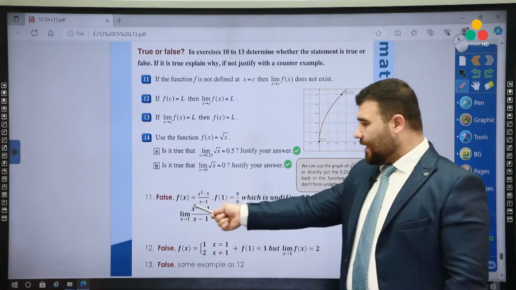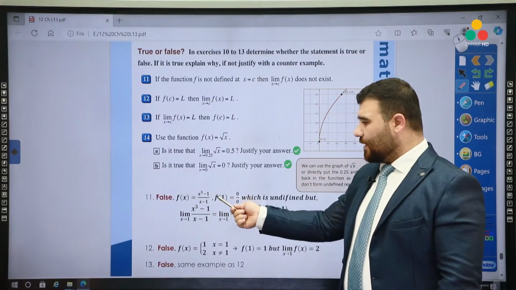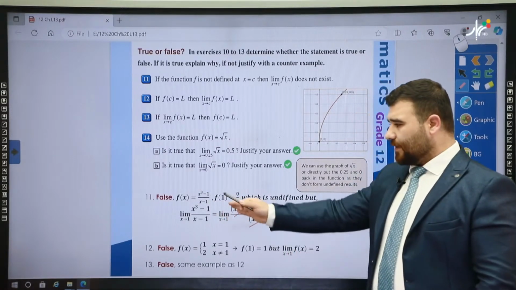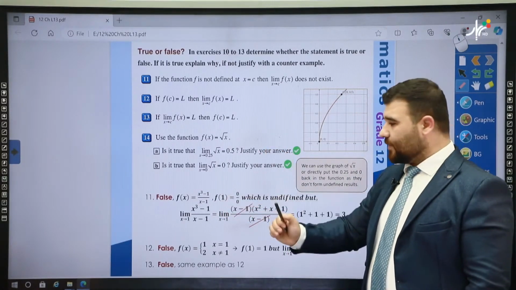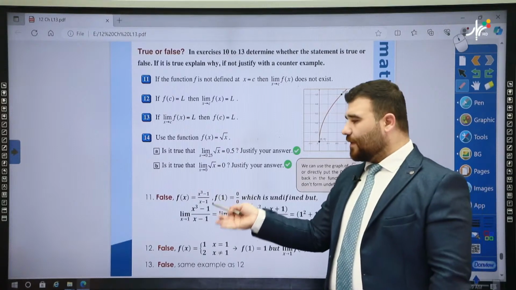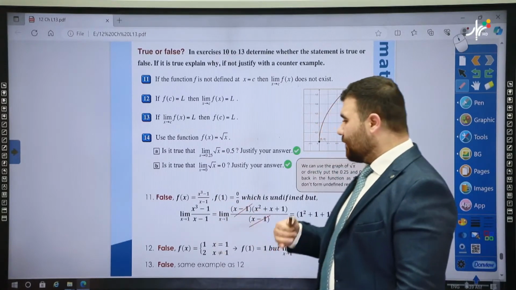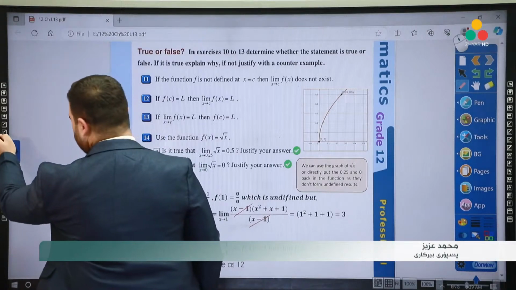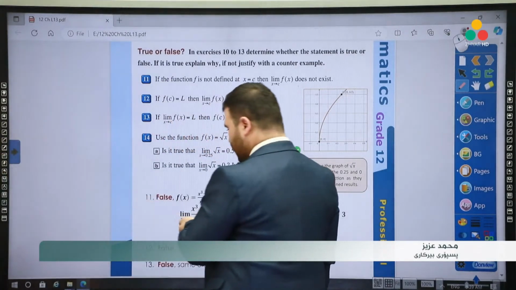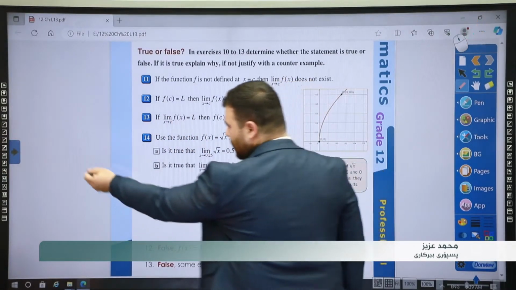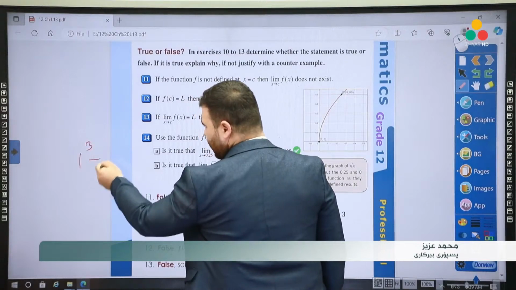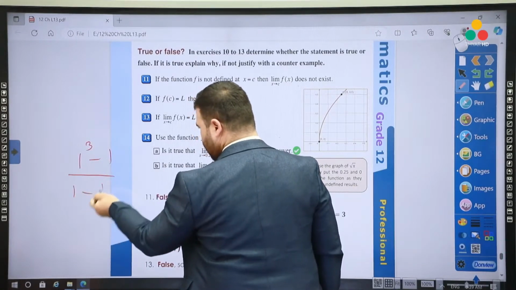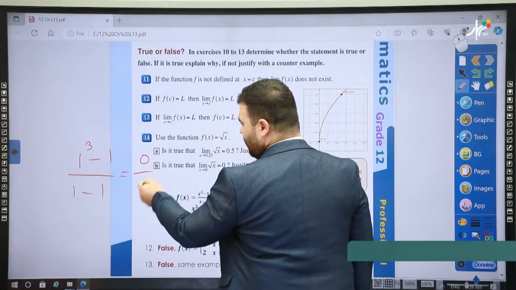For example, if we have f(x) equal to (x cubed minus 1) over (x minus 1), this is also an example that we solved previously. If I want to find f of 1, f of 1 means replace each single x by 1. We will have something like this. F of 1 for this function is (1 to the power 3 minus 1) over (1 minus 1). This is 0 over 0.